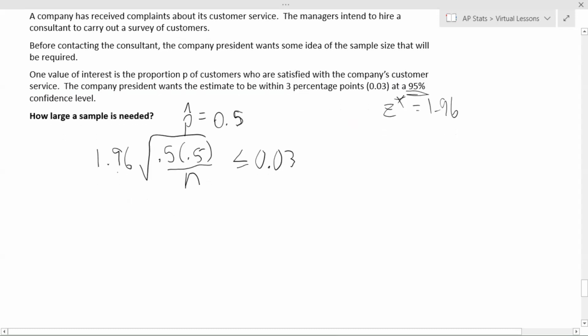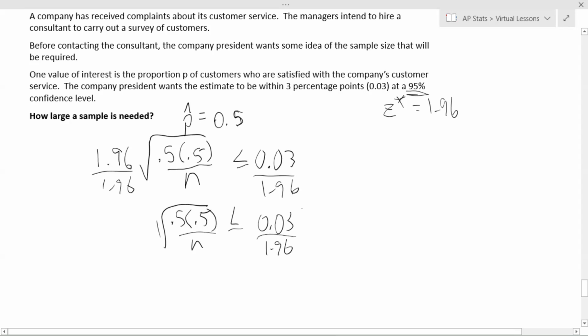The first thing, you have to divide by 1.96. Then you have the square root of 0.5 times 0.5 over n is less than or equal to 0.03 over 1.96. Then to undo the square root, we have to square both sides.